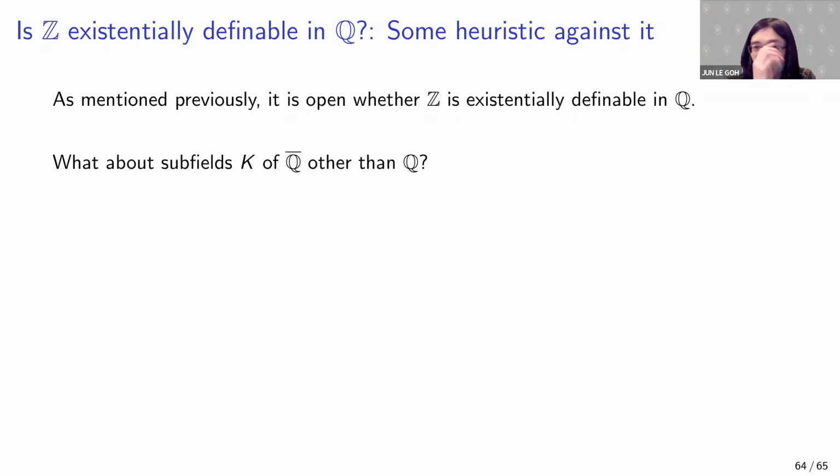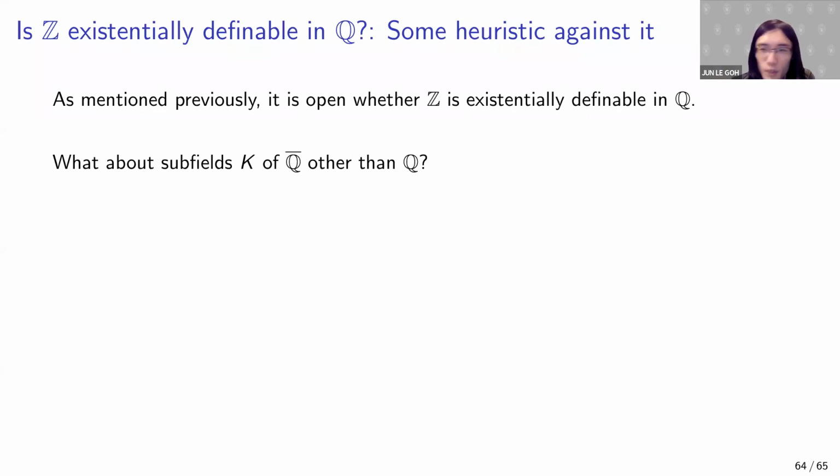Some of these subfields are nicer than others, like algebraic extensions of Q. And each of them has a ring of integers inside of it. We can ask, is this ring of integers existentially definable in this subfield?